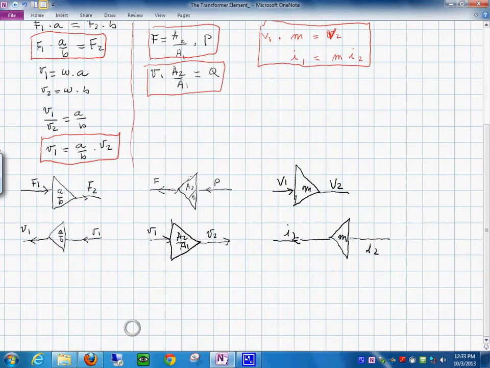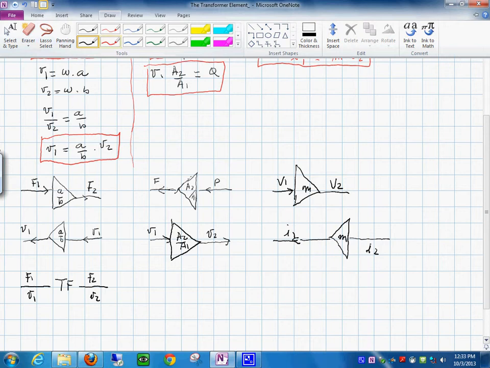The bond graph form is much more compact, and in this case you have that the input on this side is F1 and B sub 1, and you have a TF element like this, where this is F sub 2 and B sub 2 like that. And then we need to put the causal marks in here.